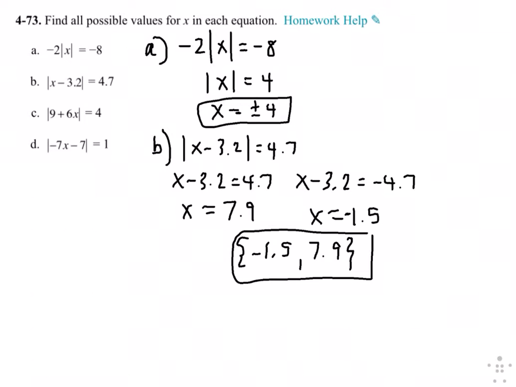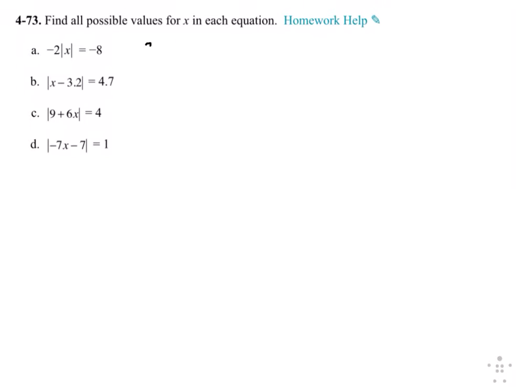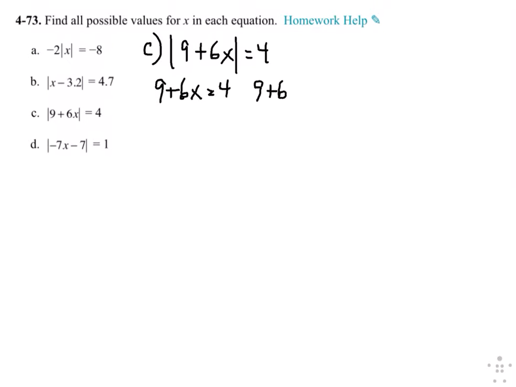For C, let's make a little space. I have the absolute value of 9 plus 6x equals 4. So we break it into two. 9 plus 6x equals 4, and 9 plus 6x equals -4. I subtract 9, so I get 6x equals -5, and I divide by 6, so I get x equals -5/6.